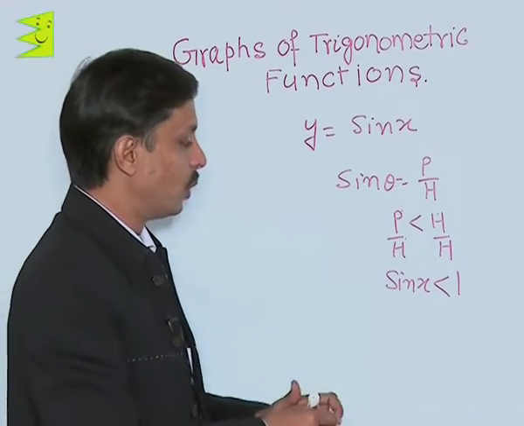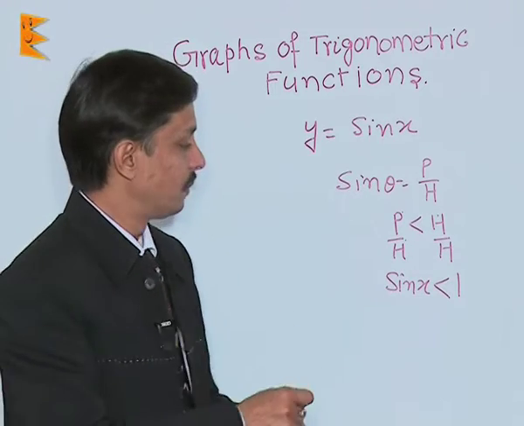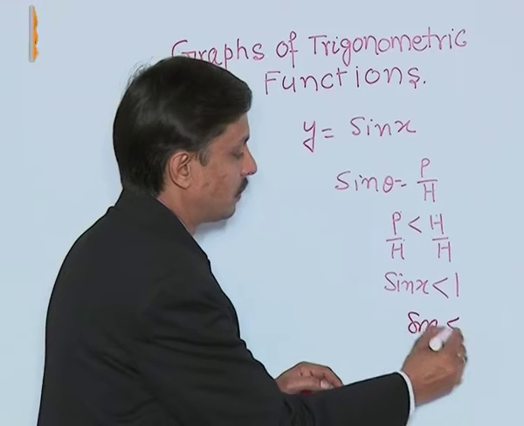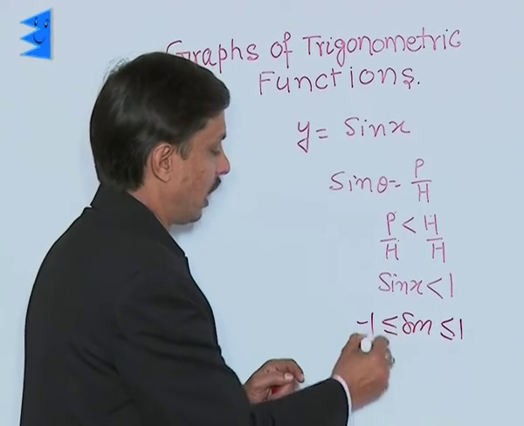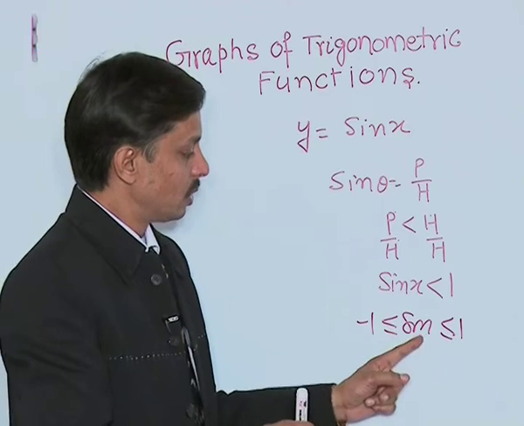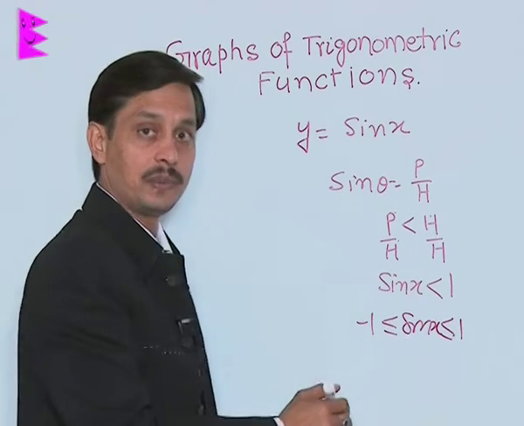So I can assure you, you just can learn that the value of the sine function is always less than equal to 1 and more than equal to minus 1. So value of the sine always lies between minus 1 and plus 1.